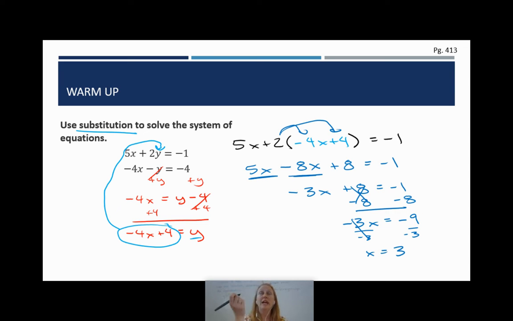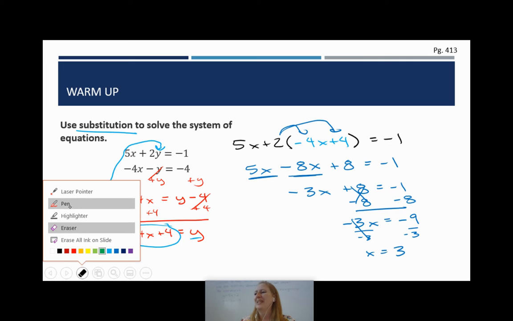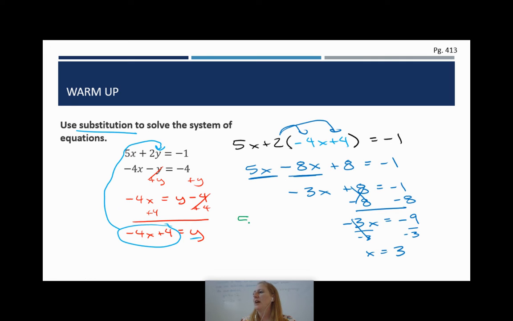Now, I've only found x. We still have to find y. You can plug it into whichever equation you like. I don't really care. I'm going to plug it into the first one. I'm going to grab another color, though. I'm also going to erase that line in the middle because that's a mess. So instead of 5x plus 2y equals -1, I'm going to do 5 times 3 plus 2y equals -1.